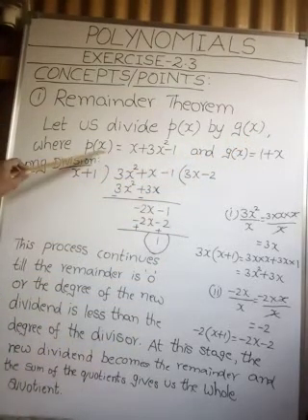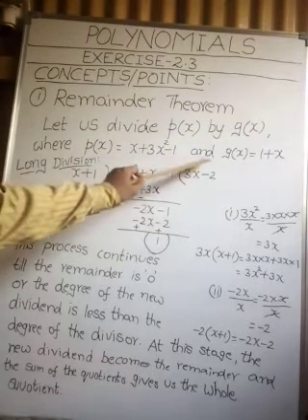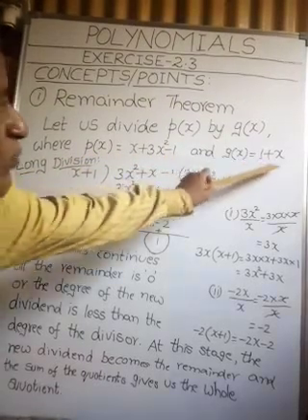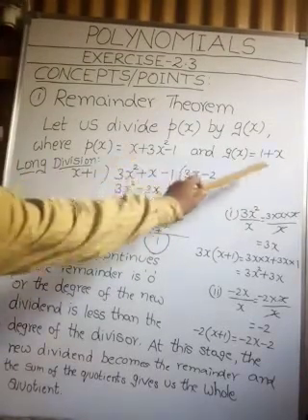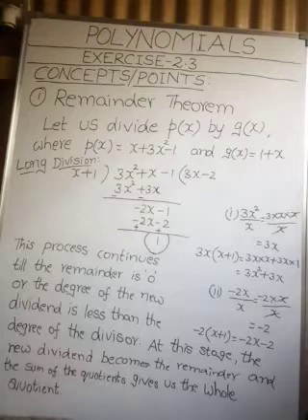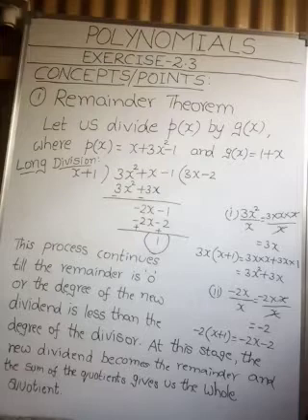We are dividing p(x) = x + 3x² − 1 by g(x) = 1 + x. Okay, my dear children, please concentrate on this example. This is very important. How to divide a polynomial by another polynomial.